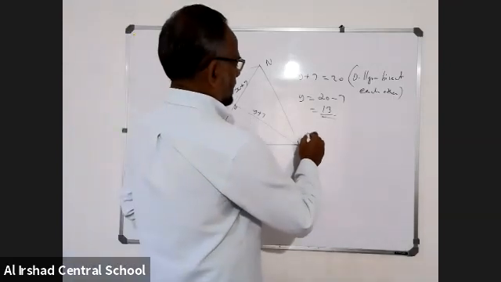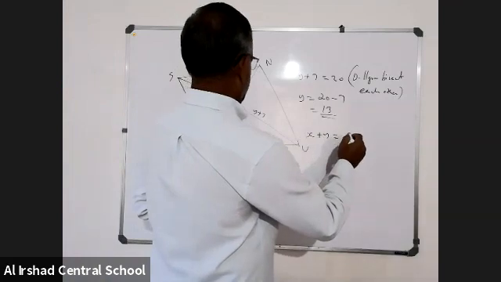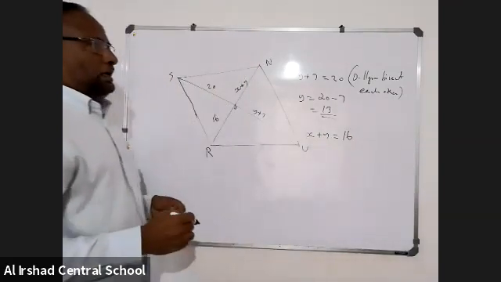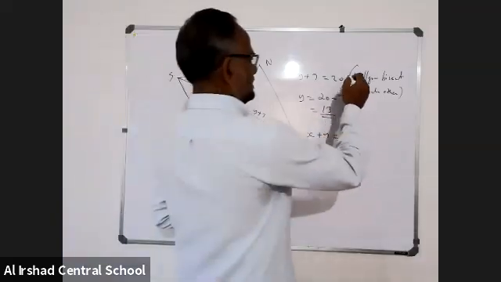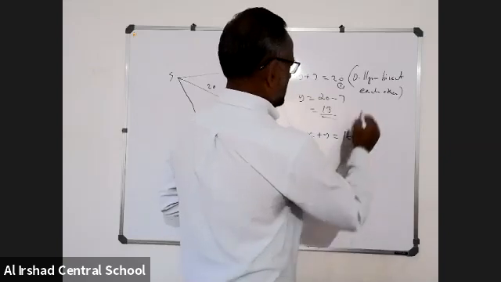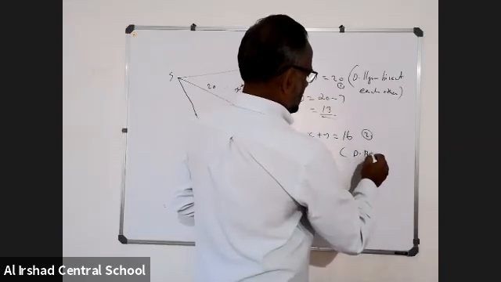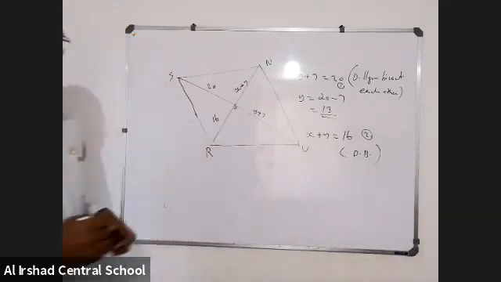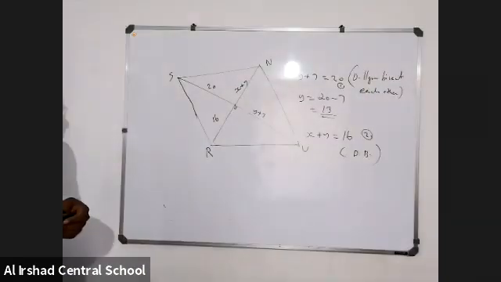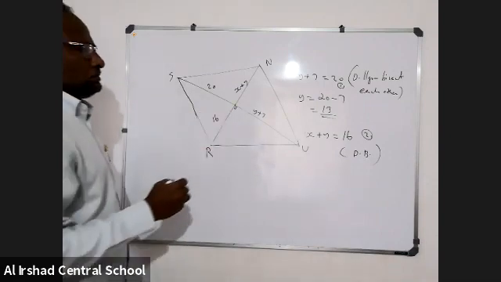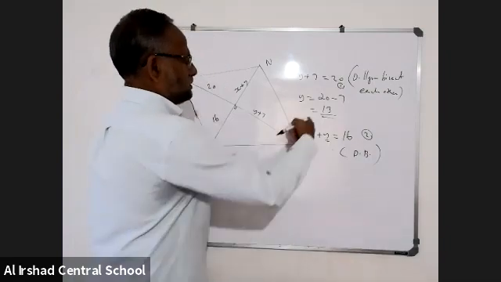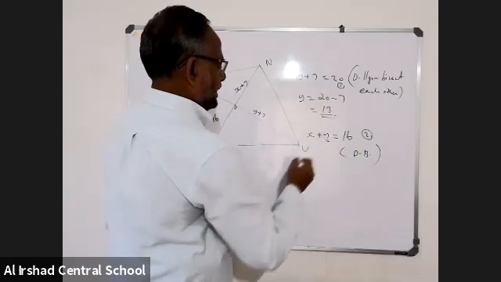Next, X plus Y is equal to 16. Again, diagonals bisect each other. This is equation one, this is the second one. But Y is equal to 13, no? Substitute the value Y is equal to 13 in the second equation.